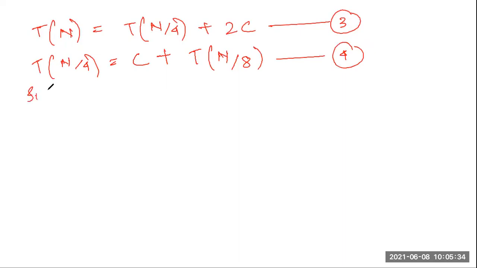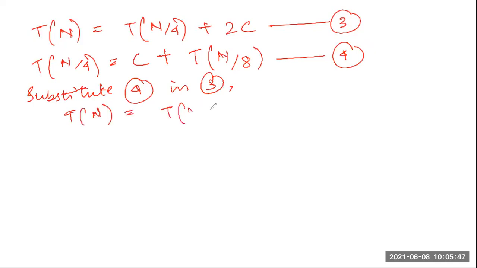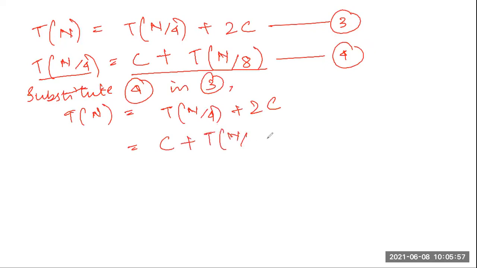So now if I substitute 4 in 3, our T of n was equal to T of n by 4 plus 2C. Now I have a certain value of T of n by 4 entirely. So I will write C plus T of n by 8 plus 2C, which will give me T of n by 8 plus 3C.